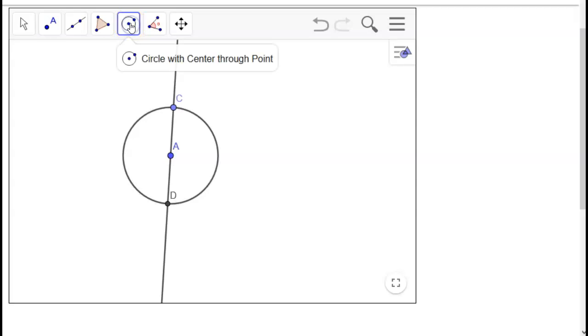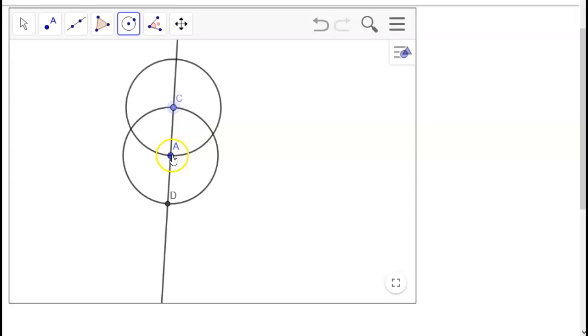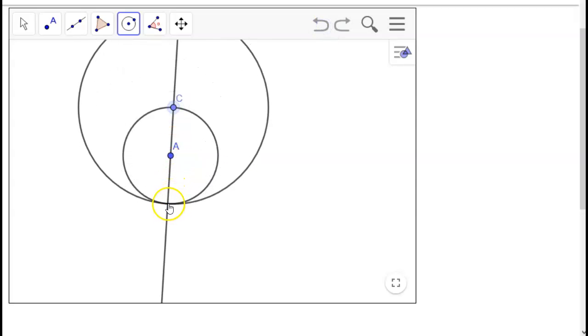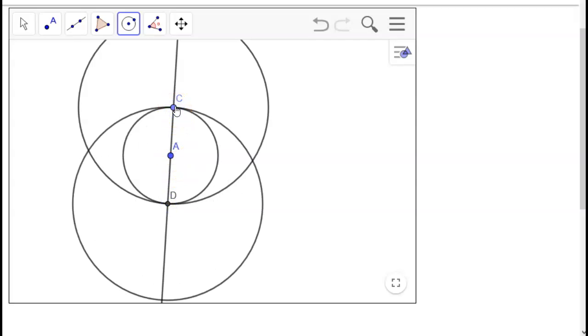So we're going to do this perpendicular bisector again. We're going to start at C, and we're going to go to this point over here, and then we're going to go back. Because remember, we want that bisector to go through A. So this is the segment that we're bisecting.